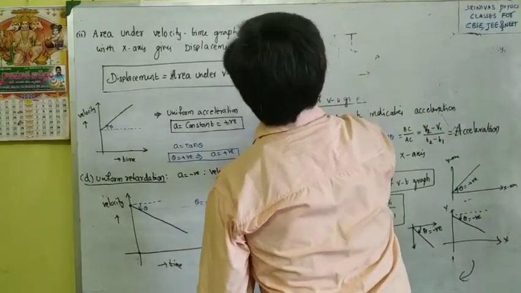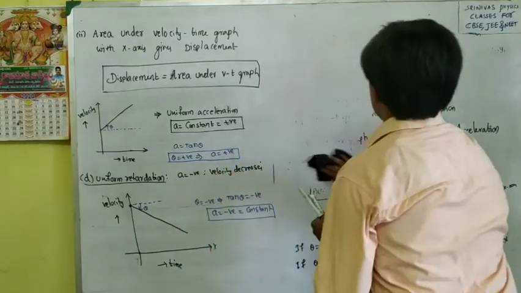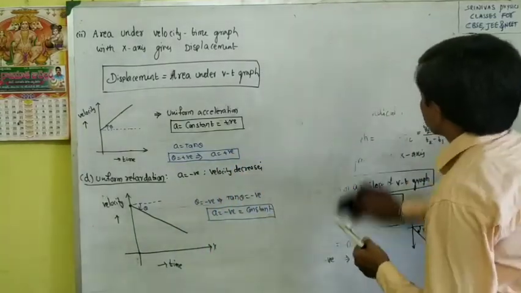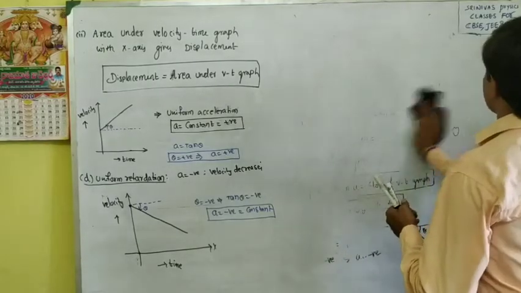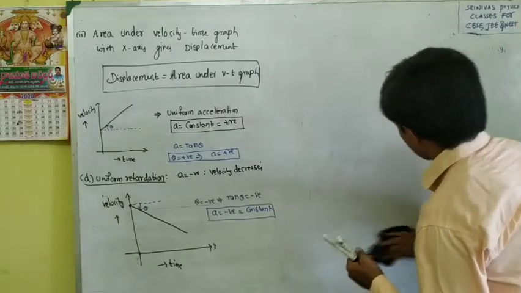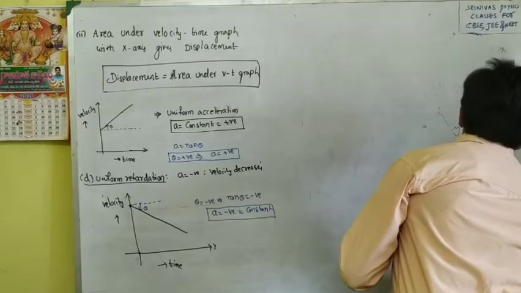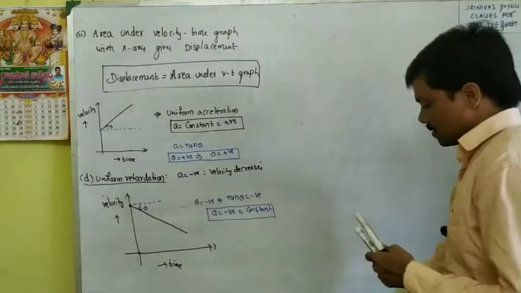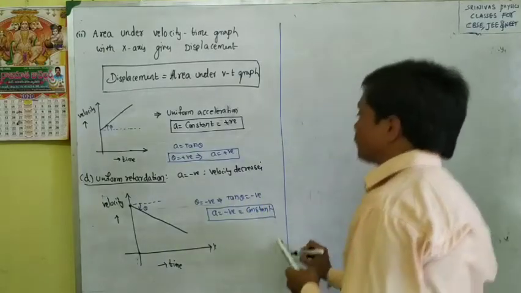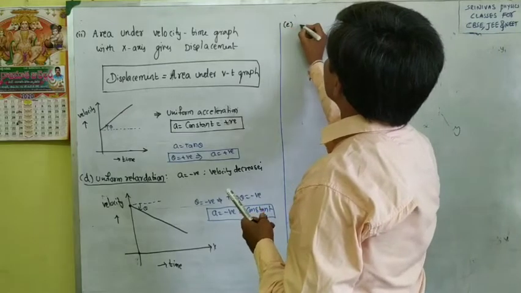Now we can draw all these. If you throw any object vertically upward, how will you get the graph? If any object is thrown vertically upward, let us see, E, one more graph I am going to draw, right?